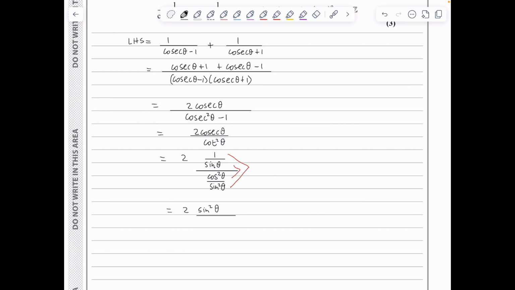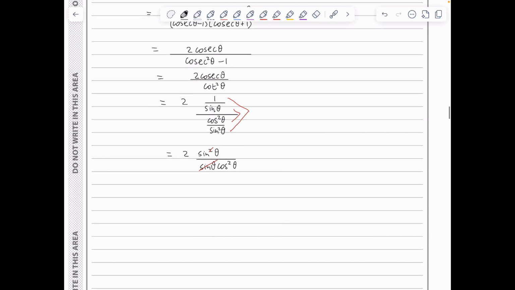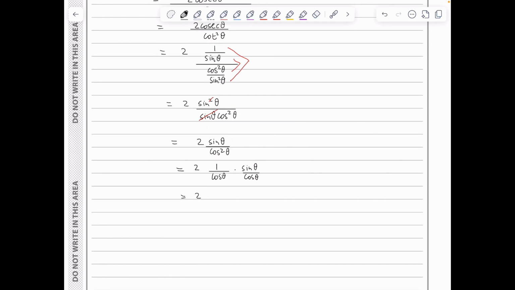And in the denominator, we've got sine theta cos squared theta. Obviously, the sine squared with the sine theta simplify, and I'm left with 2 sine theta over cos squared theta, which I can write as 2 times 1 over cos theta times sine theta over cos theta. So all in all, we're looking at 2 sec theta tan theta, which is equal to the right hand side as required.